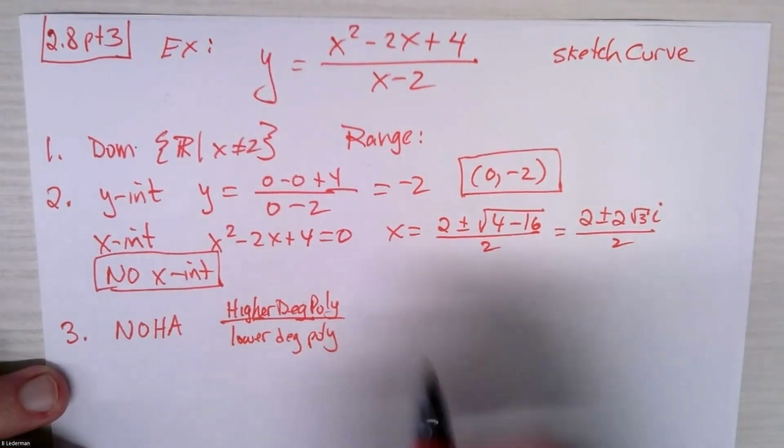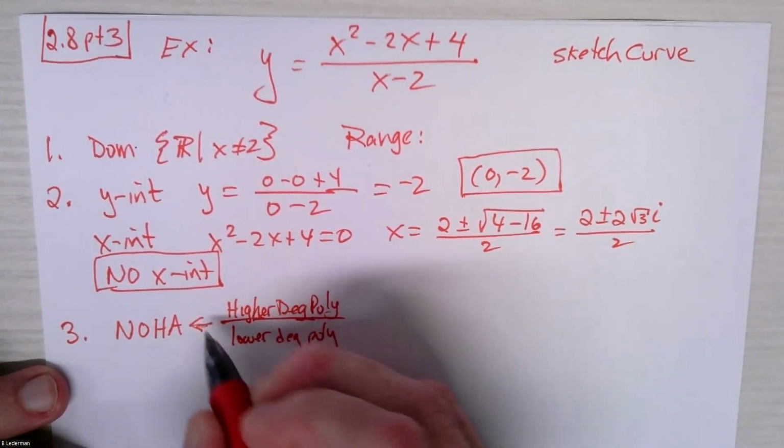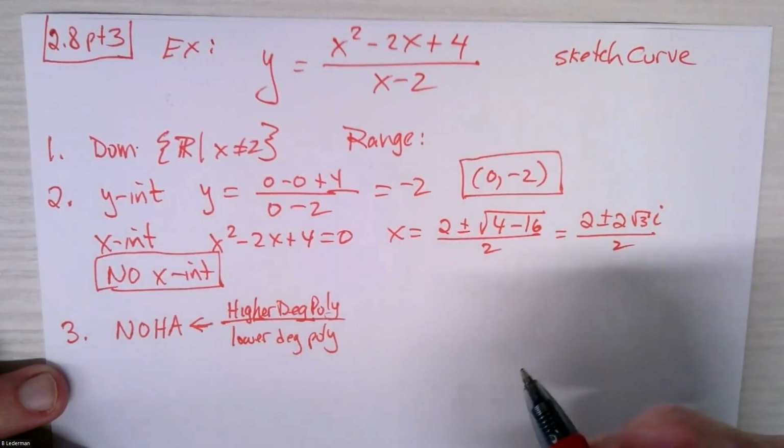Therefore there's no horizontal asymptote.